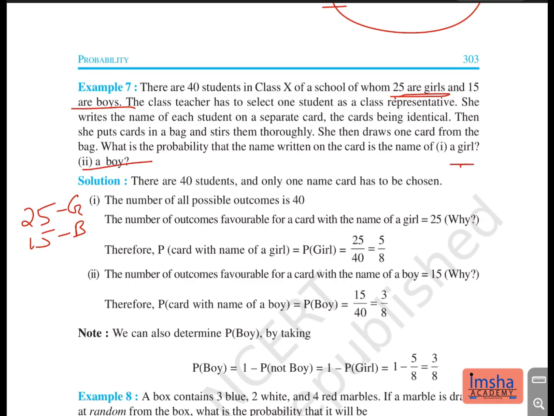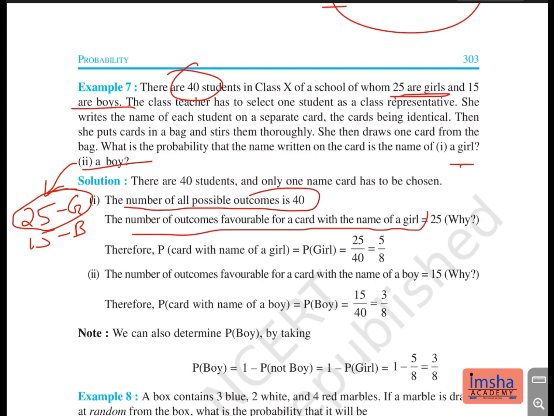So the probability of getting a card with the name of a girl is 25 by 40, because 25 girls are there, right? See here, the number of all possible outcomes is 40. We know that because 40 students are there, so total outcomes is 40. So the number of outcomes favorable for the card with the name of a girl is 25, because 25 girls are there.